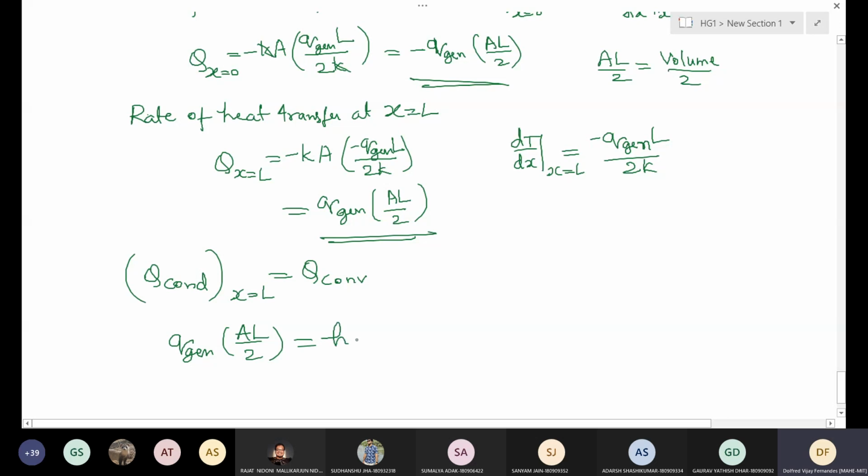So convection, if you know heat transfer coefficient H, area of the wall, and the temperature difference, where the wall temperature is TW and the fluid temperature is TF. Simplify and you can write the expression for T wall. Area will cancel out here. So you can write TW minus TF equal to Q generation into L by 2H.